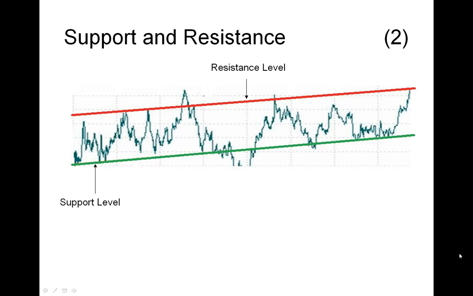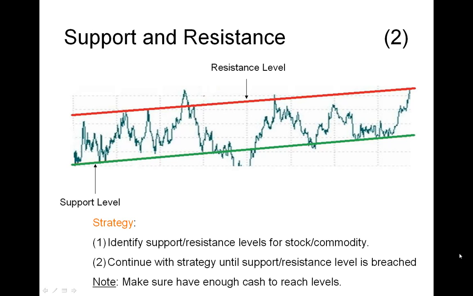Essentially, we combine the martingale or outlast strategy with these concepts, and we try and identify support and resistance levels for the stock or commodity that we're interested in investing in, and we continue with this strategy until the support or resistance level is breached. The understanding being that we don't expect the support or resistance levels to be breached.